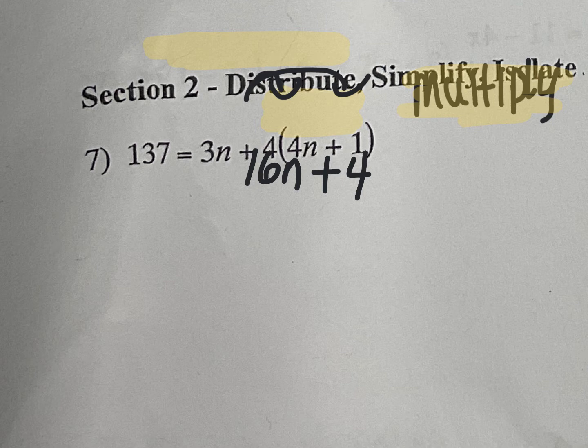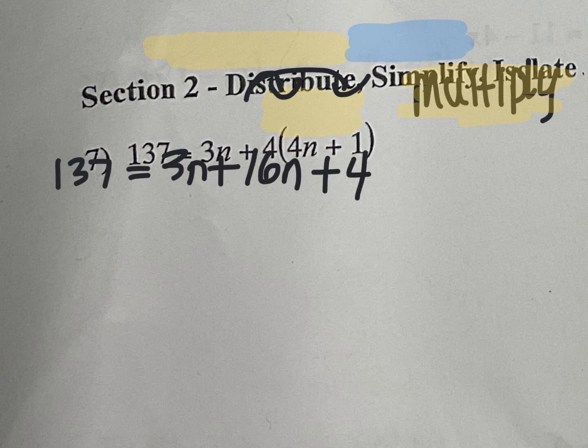Okay, every single problem in section 2 also has the same second step. So step 1, jailbreak it. Get that 4n and that 1 out of the parentheses by multiplying. Now I'm going to bring the whole rest of the equation down first to do step 2. Everybody has the same step.